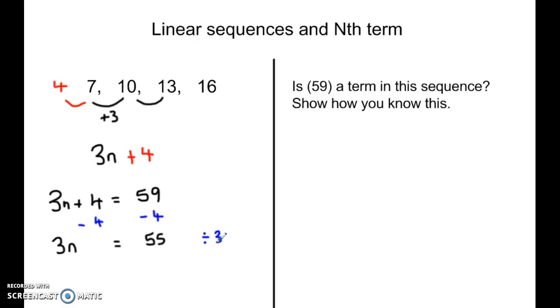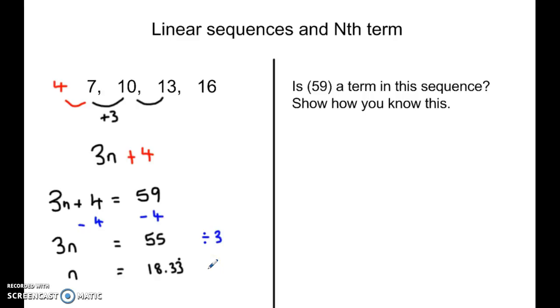Now 55 is not in the 3 times table, so that division by 3, I did that on a calculator, that's going to give me 18.3, and the 3 is going to be recurring.